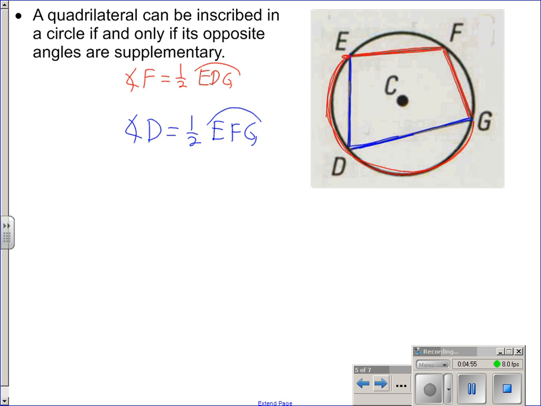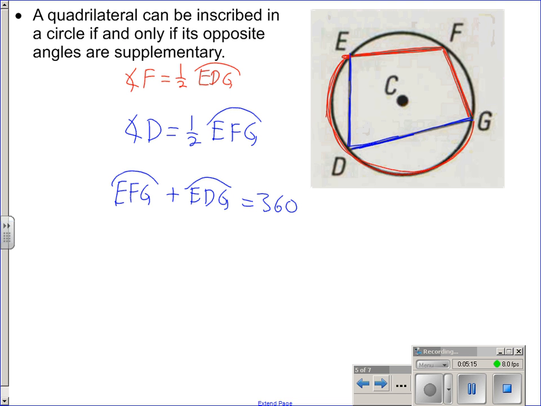Now, if you add arc EFG to arc EDG, that's 360 degrees.